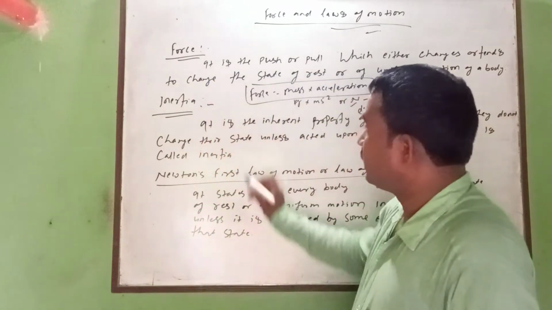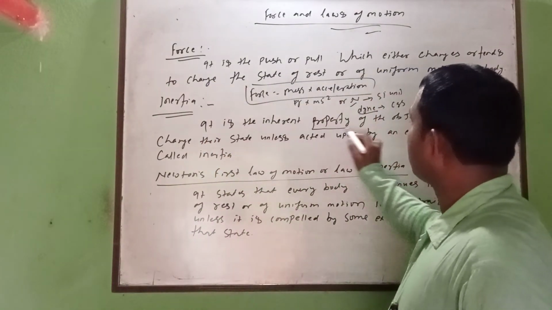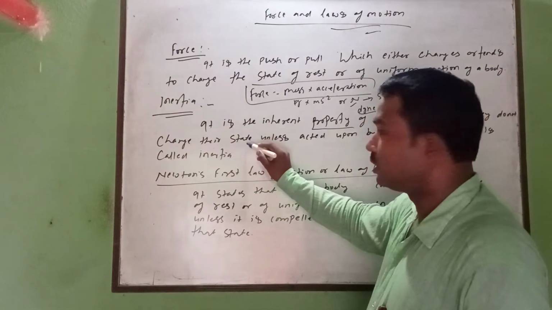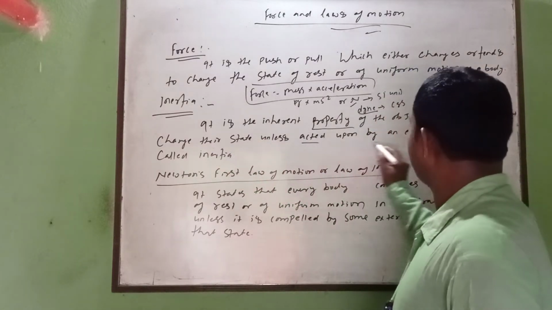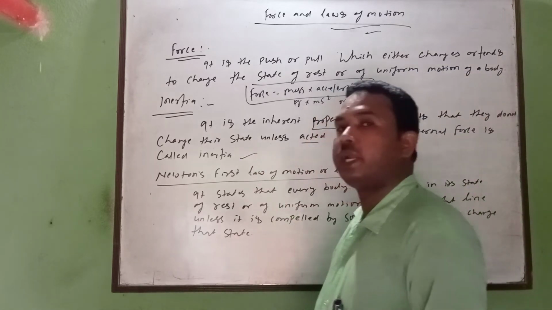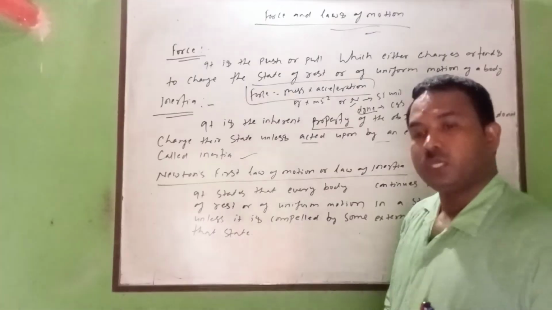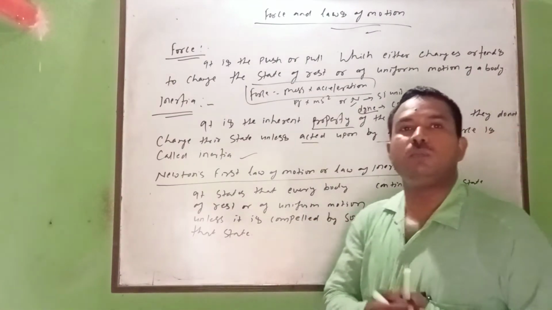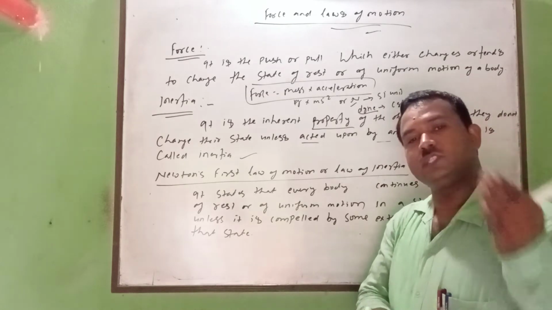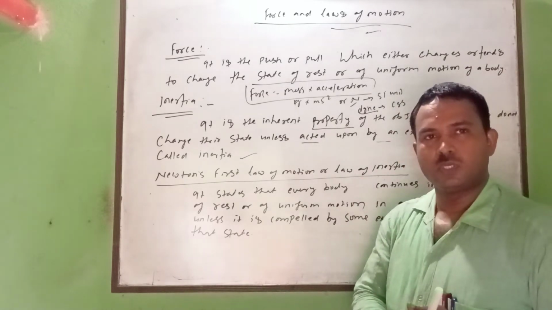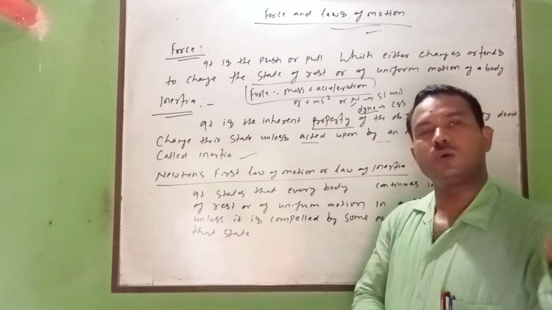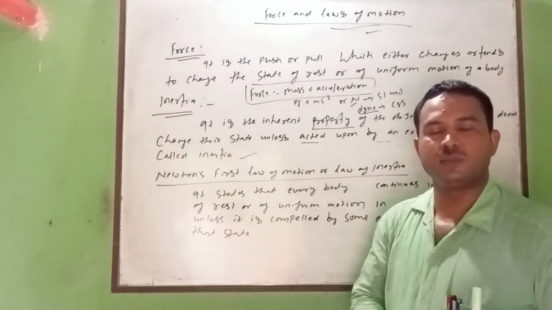So inertia is the inherent property of an object by which it does not change its state unless acted upon by an external force. All the objects around us will change if we apply force; if we do not apply it, the object will remain in the same position.